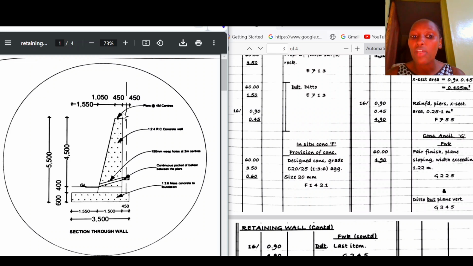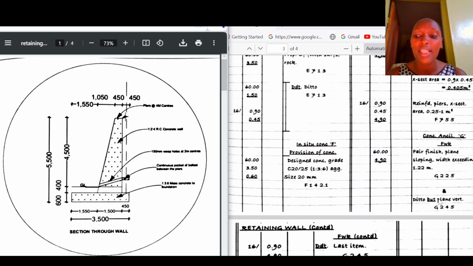That one is the one that we will use to calculate the area of the sloping side. Then in the description, that's where we'll write the width exceeds 1.22 meters. It is assumed that as long as it's beyond 1.22 meters, the area will just take the total length times the vertical height. That one is the estimate that will give us the formwork in meters squared for the sloping side.